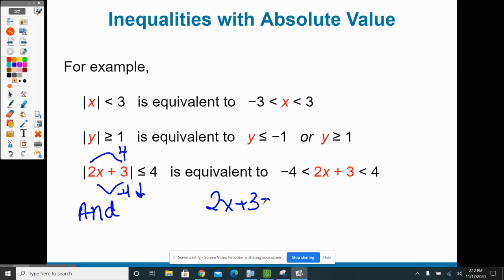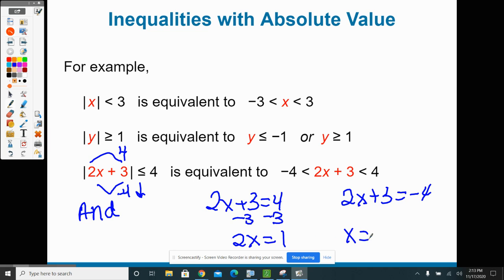2x plus 3 equals 4. 2x plus 3 could equal -4. So solve it up. Subtract 3, subtract 3. 2x equals 1, and x equals 1/2. Solve this one up by subtracting 3, subtracting 3. 2x is -7, divide by 2, and it's -7/2.